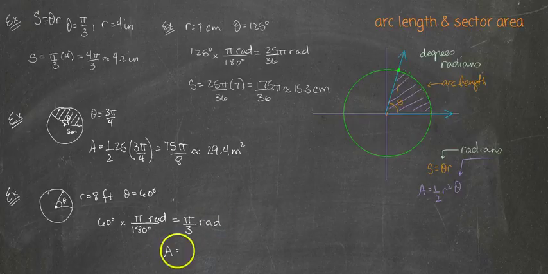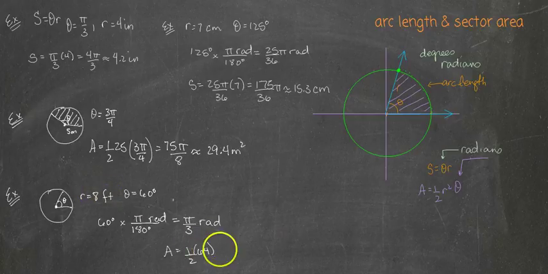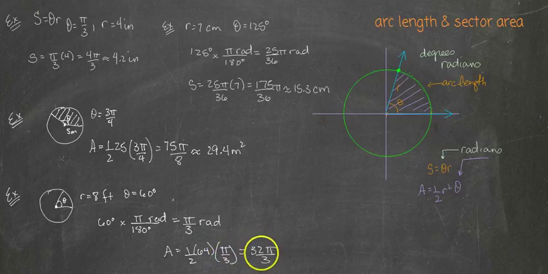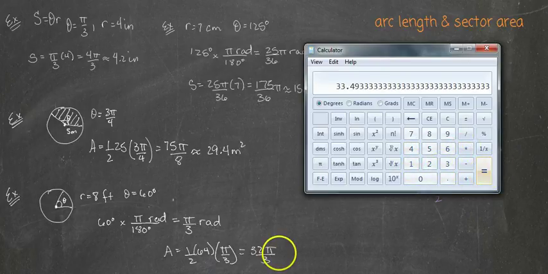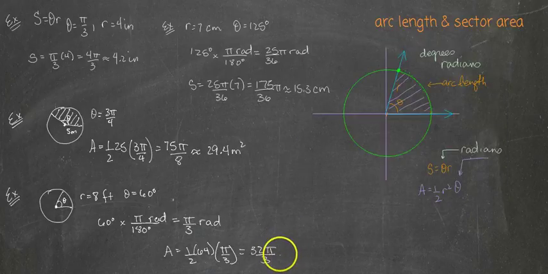And so the area is 1/2 times 8 squared times pi over 3. So that's 32 pi over 3. So it's approximately 33.5 square feet.